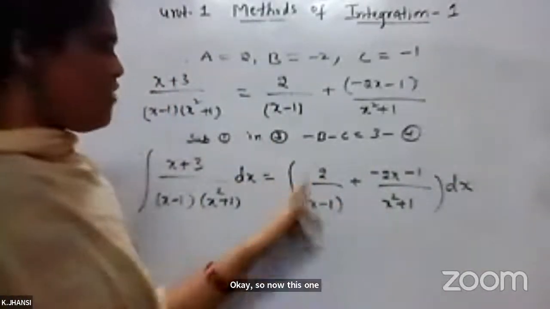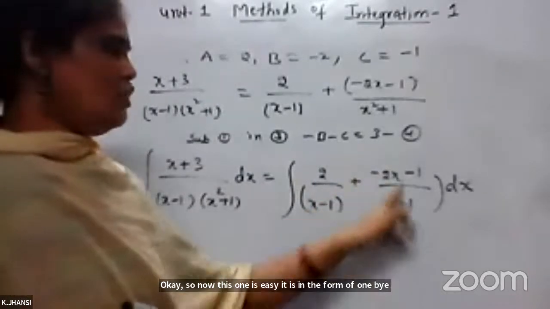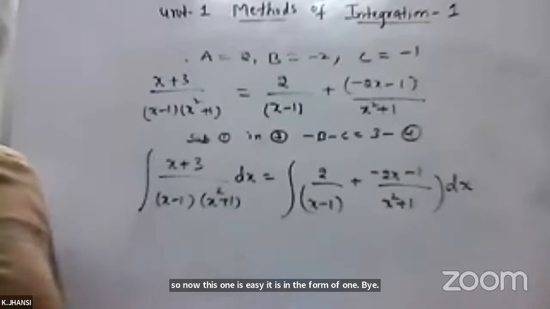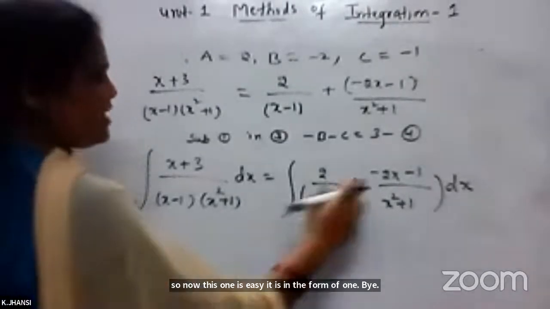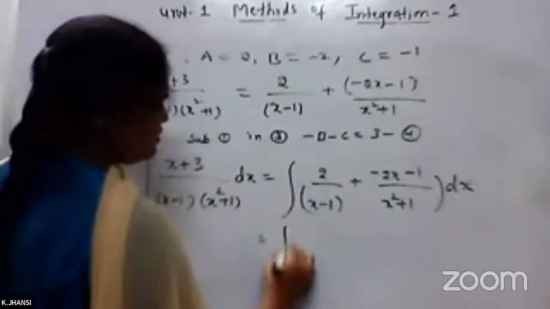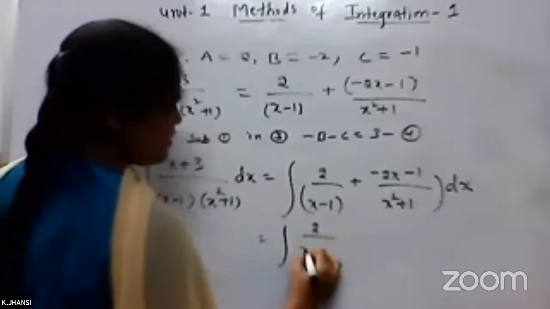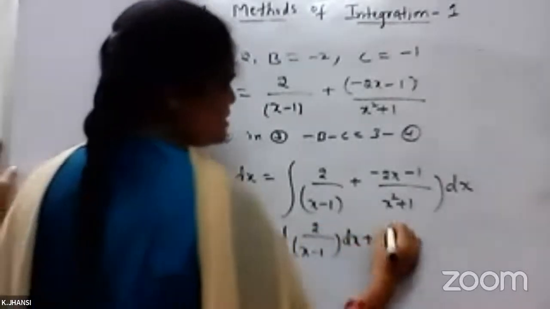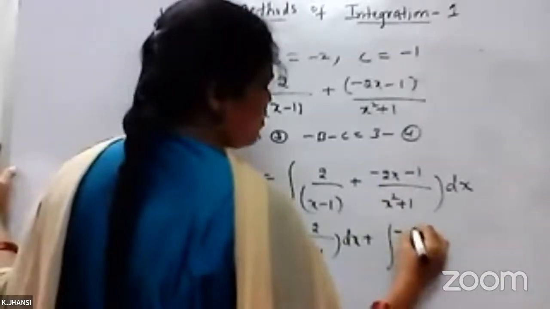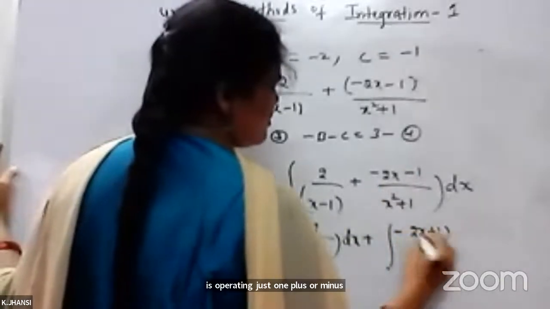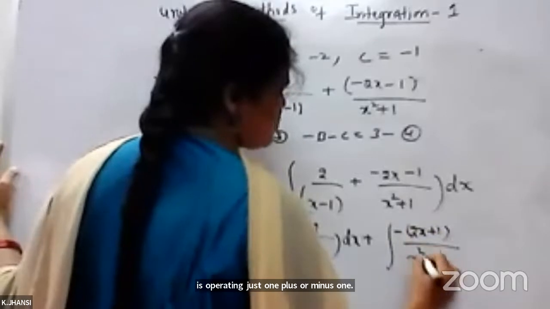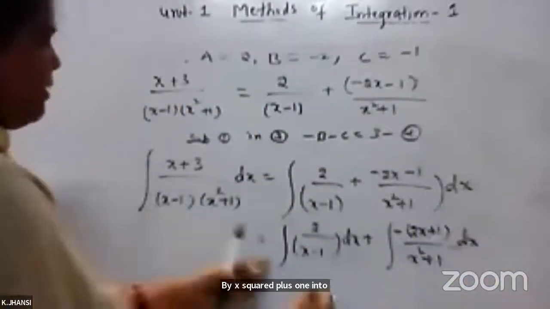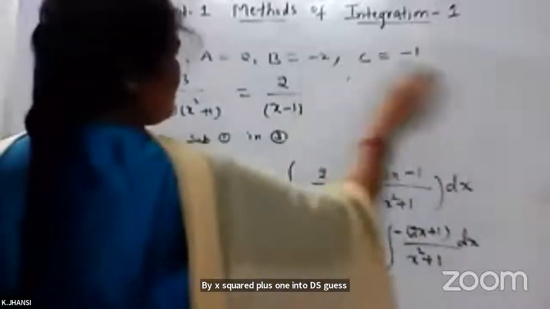It is in the form of 1 by X. But here you have to convert this one, minus 2X minus 1, in the form of, if you take out minus common, you can write 2 by X minus 1 plus minus (2X plus 1) by X square plus 1 dx. Okay, this part is in it. This part only you have to convert.